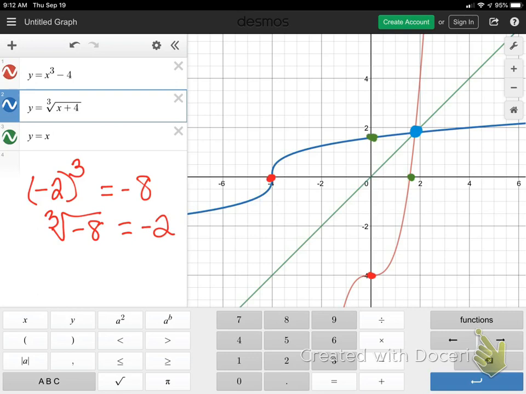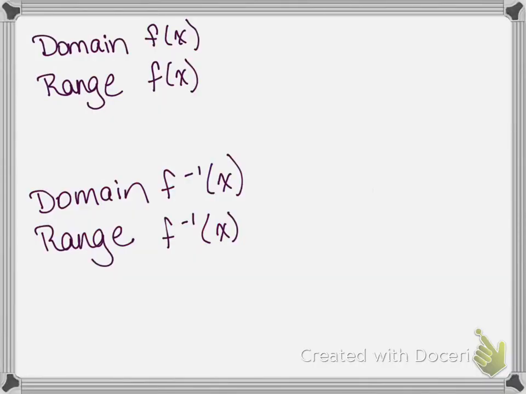Because I can have negative numbers inside a cubed root, or a fifth root, or a seventh root. If I'm taking the square root, or the fourth root, or the sixth root, that's when I can't have negative numbers. So the domain of my original function is negative infinity to positive infinity.